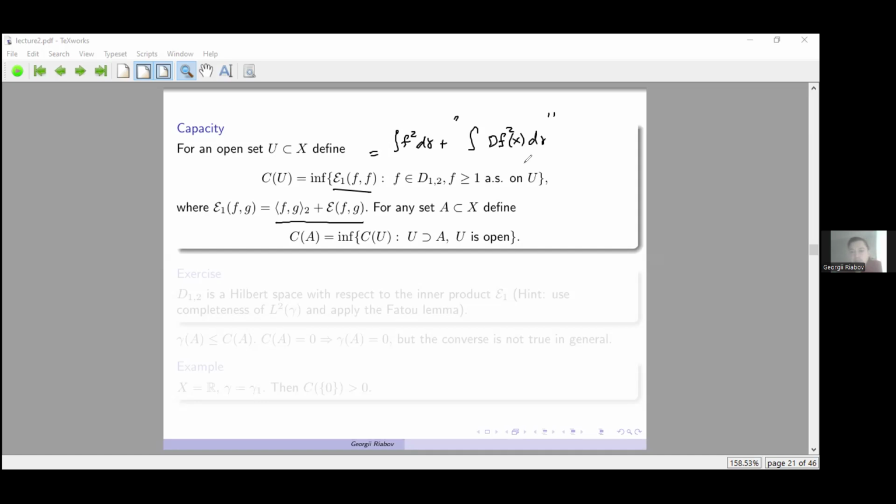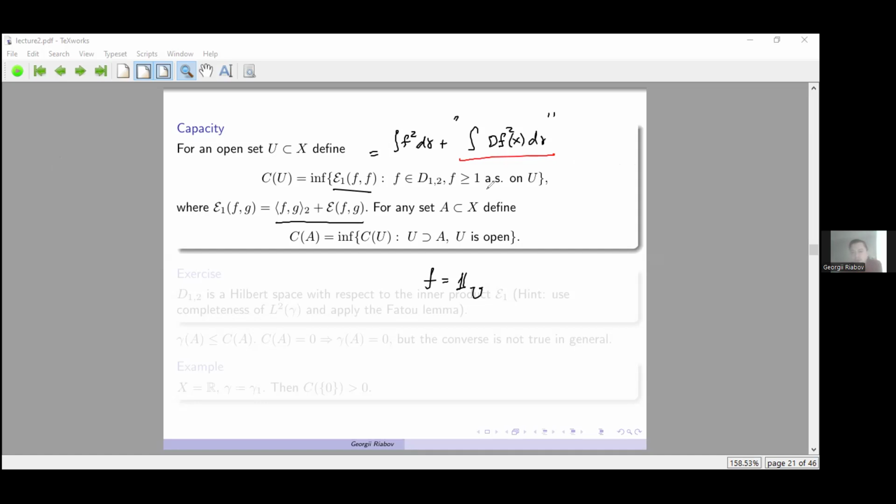Note that if this term was absent in the definition, then we will just get the measure of U. Because, for example, if we take f to be just the indicator of U, then this function belongs to 2.